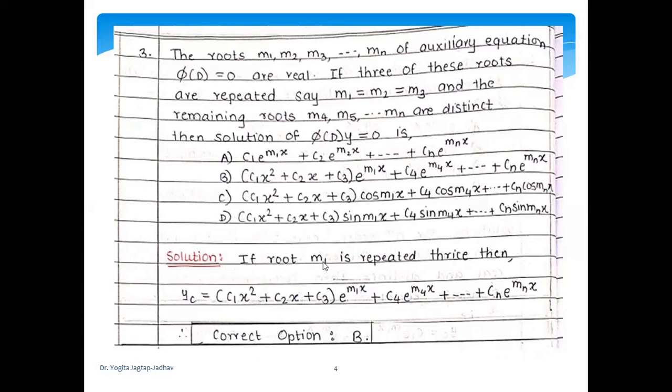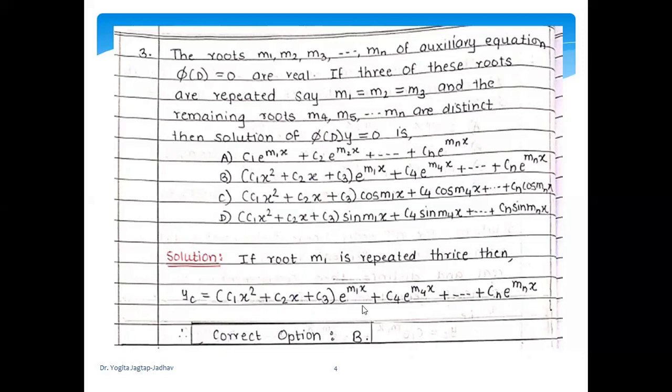You know, when m1 is repeated thrice, then again by using case number 2 of finding the complementary function, we have yc equal to (c1 x square plus c2 x plus c3) e raised to m1x plus c4 e raised to m4x plus and so on cn e raised to mnx.